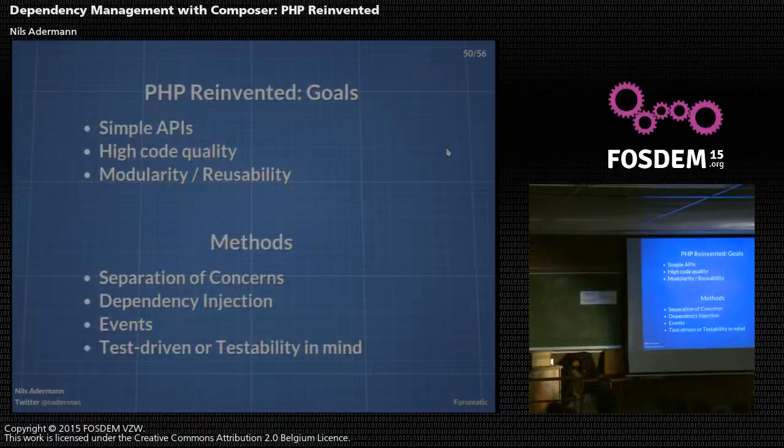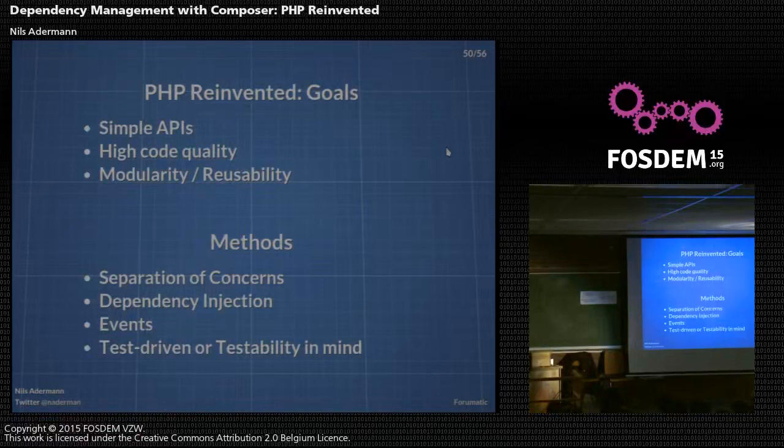I think there are a couple of goals that people had in PHP projects for a long time: making APIs simple and easily approachable, improving code quality, and having a large amount of modularity and reusability of individual components of the code. Some of the software engineering methods of achieving these are better separation of concerns.